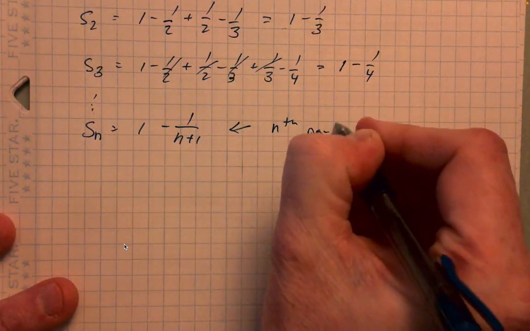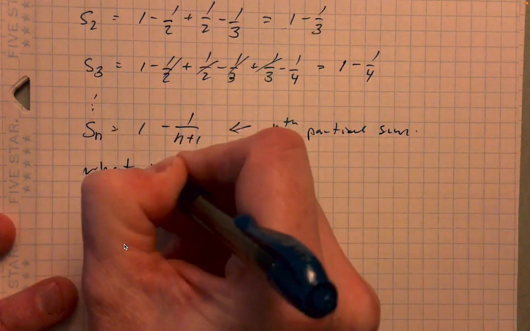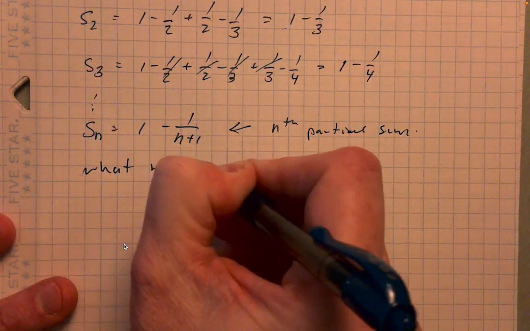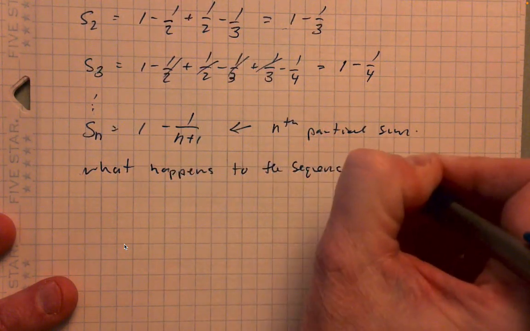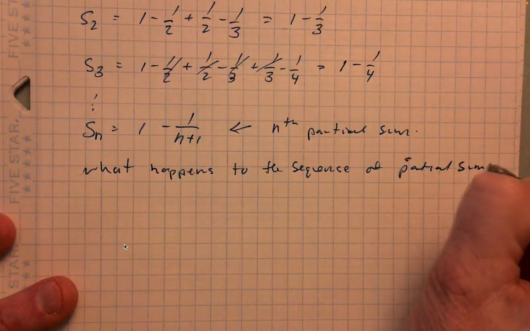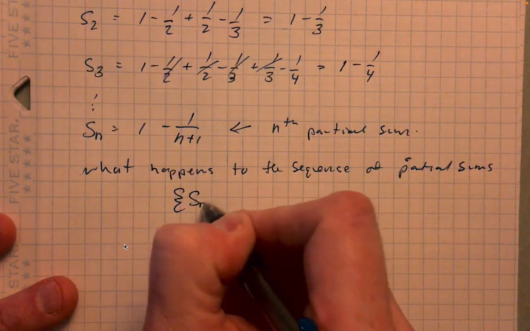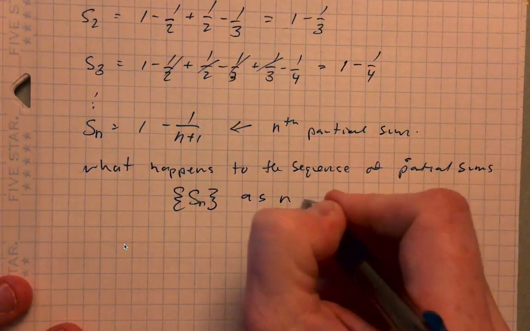What happens to the sequence of partial sums as n goes to infinity?